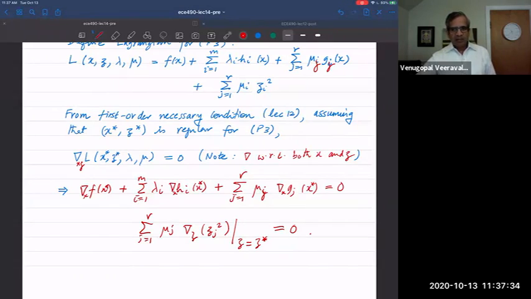So when I take the gradient with respect to both variables, I can first take the gradient with respect to x. I get an equation corresponding to that. And then I'll get a gradient with respect to z. And since the terms in the Lagrangian are really separated, there are no x variables sitting in this equation, and there are z variables sitting in that equation.